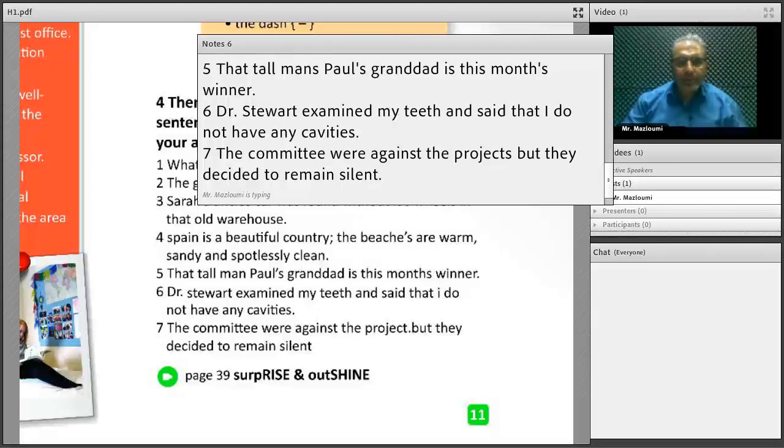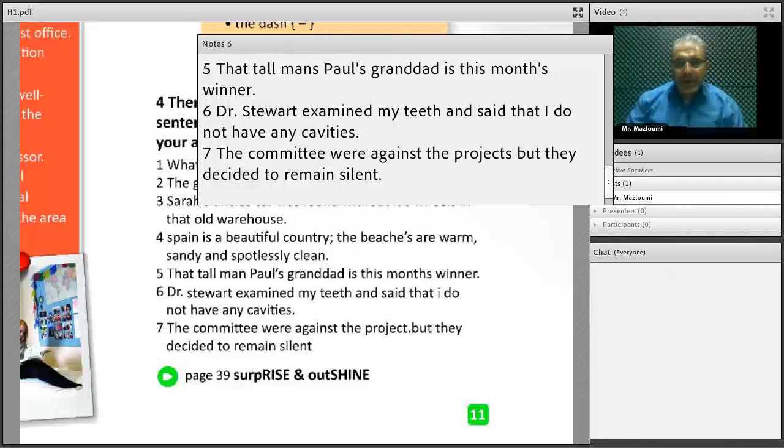Number four. Spain is a beautiful country; beaches are warm, sandy and spotlessly clean, really clean. Well, Spain is a country, so you need to capitalize S here.